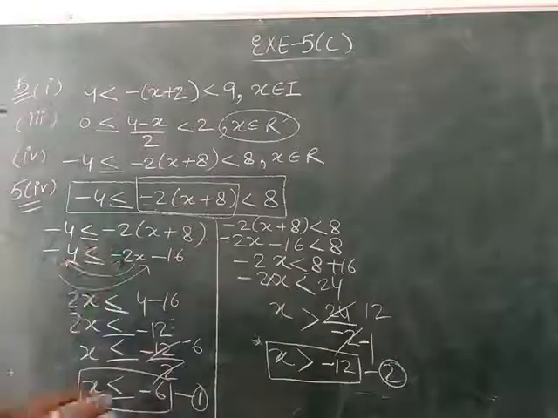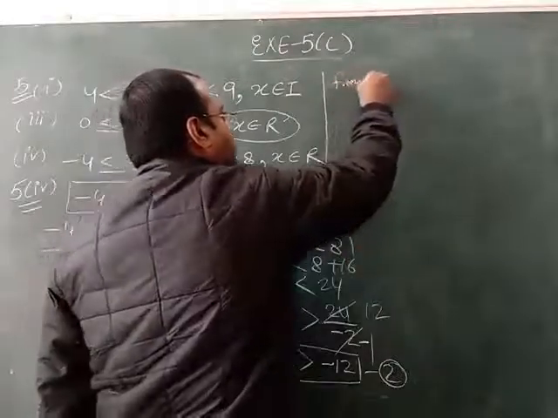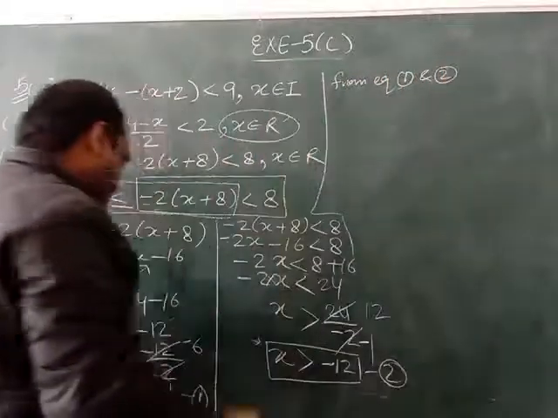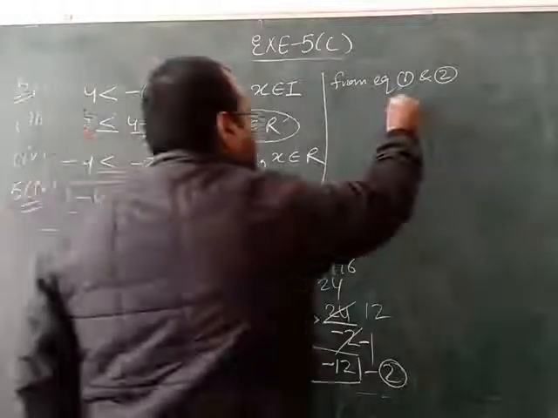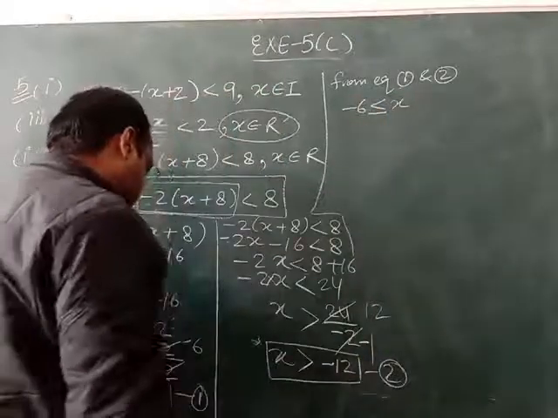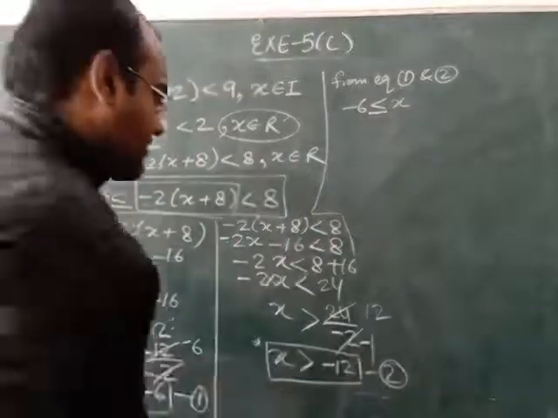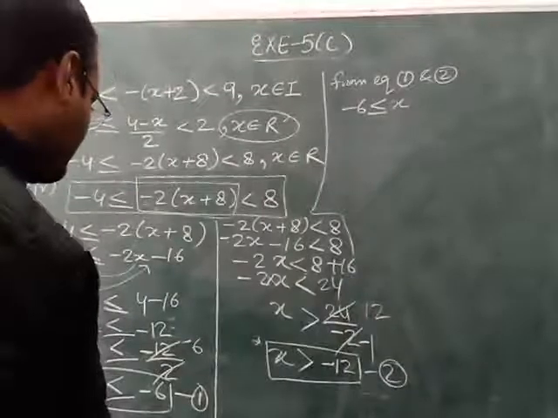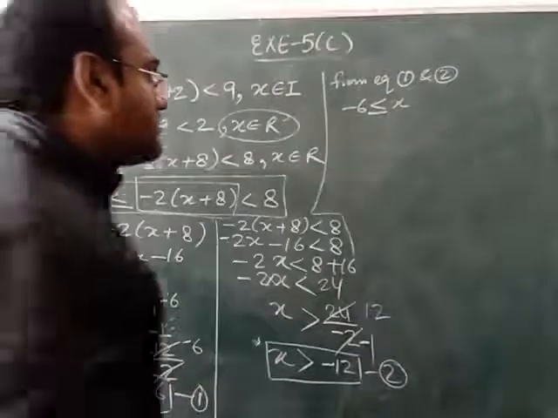Now we will combine both equations from equation 1 and 2. We will combine them. X greater than minus 12, and x is less than equal to minus 6. Here I had written wrong, wait.